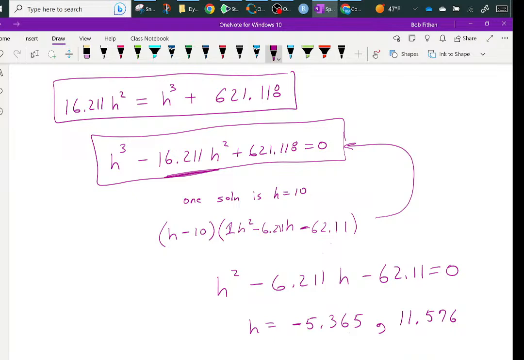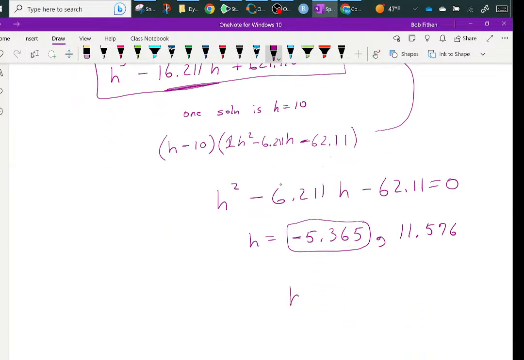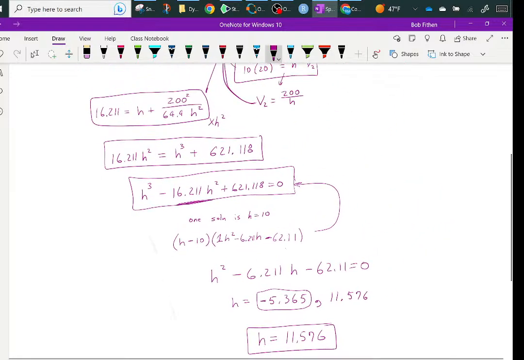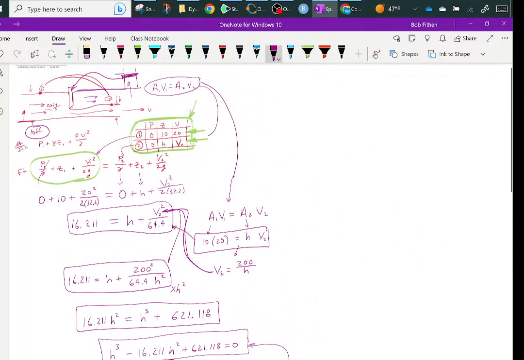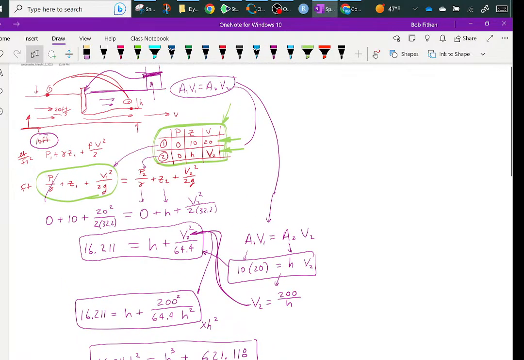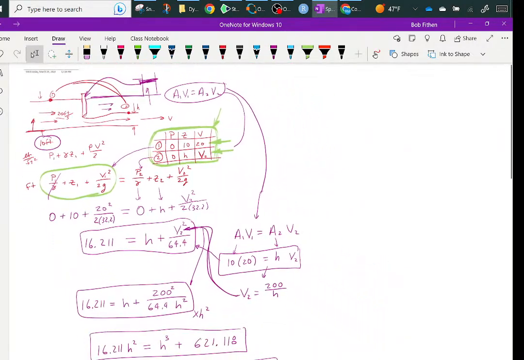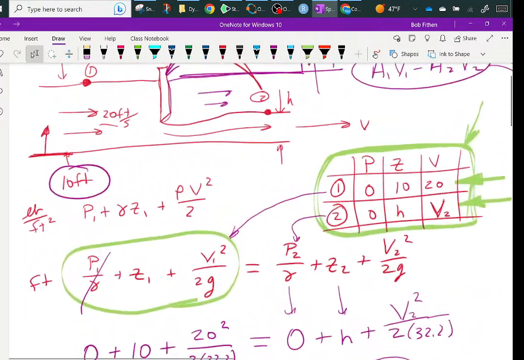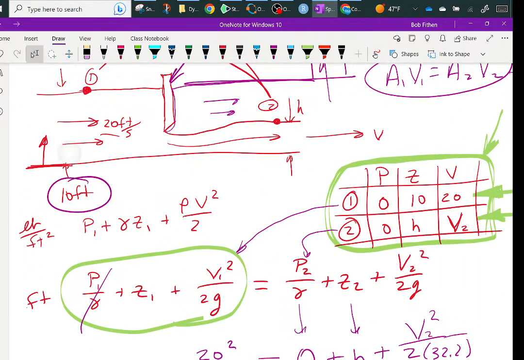Now, I don't trust anything. First of all, the negative one is not possible. Second of all, is h equal to 11.57 reasonable? Yeah, it is. That's very bothersome.